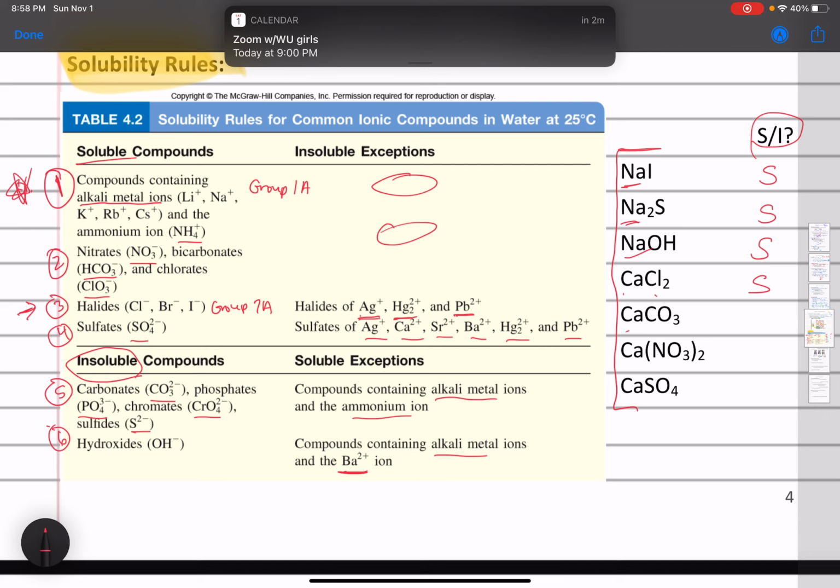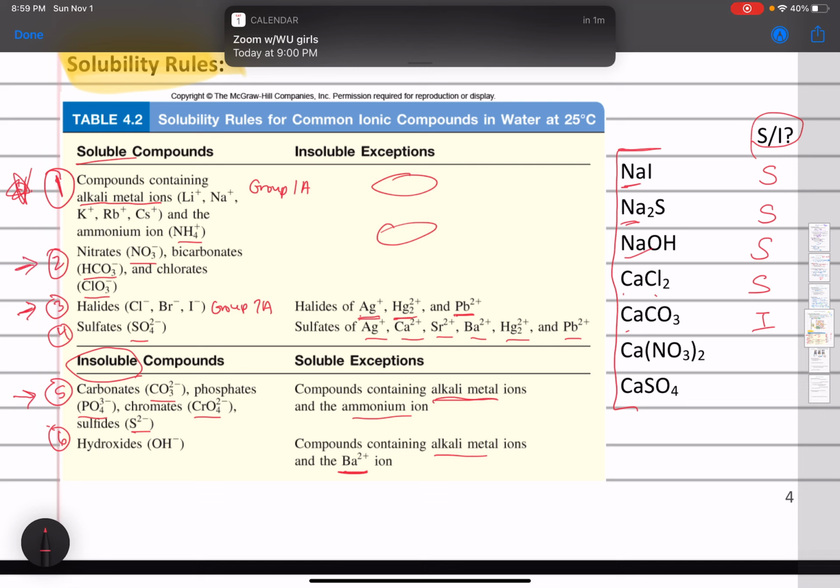How about calcium carbonate? There's no rule for calcium, but there is a rule for carbonate. Rule 5 says that carbonates are always insoluble unless they contain an alkali metal or ammonium. Calcium is not an alkali metal or ammonium, so it is insoluble. Calcium nitrate. Again, no rule for calcium, but there is a rule for nitrate.